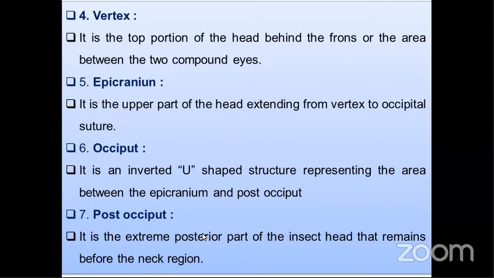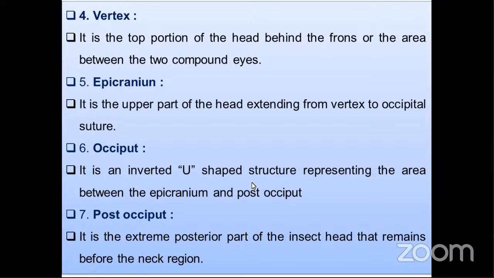So occiput is there, post-occiput is there. The occipital suture is present in between the epicranium and the post-occiput. The epicranium is different, occiput is different, post-occiput is different. I will show one diagram so that you can definitely remember those points.